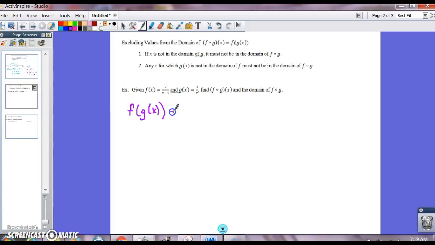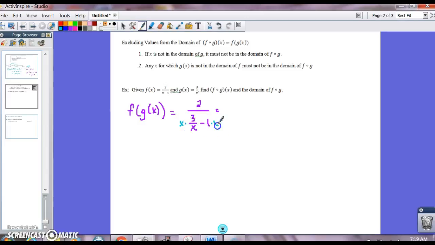Okay, so that means I have 2 over 3 over x minus 1. And so that's a complex fraction. So what we need to do is get rid of that complex fraction. One way we can do that is to multiply every single term of our fraction by the denominator.